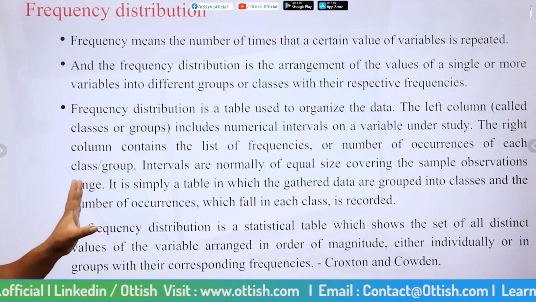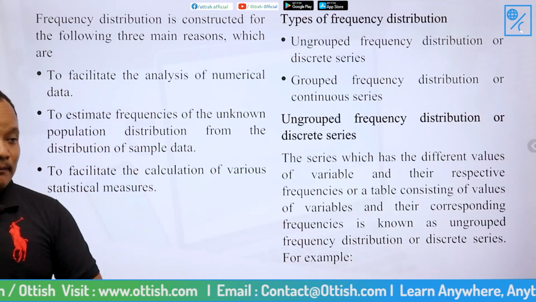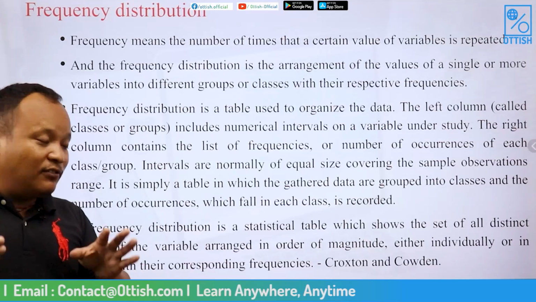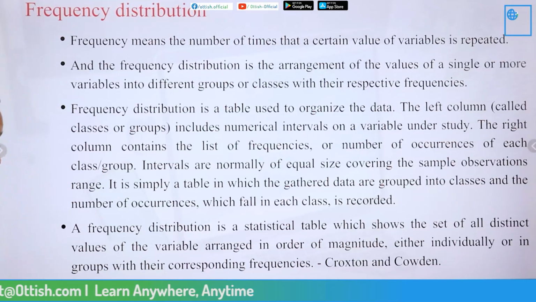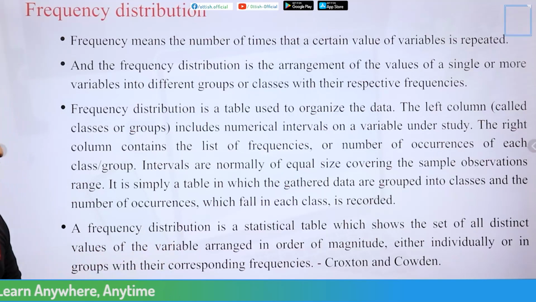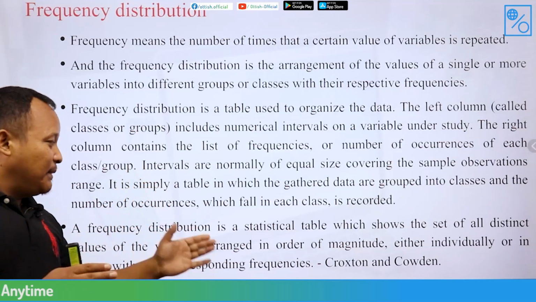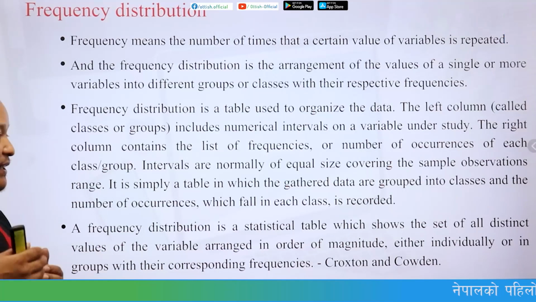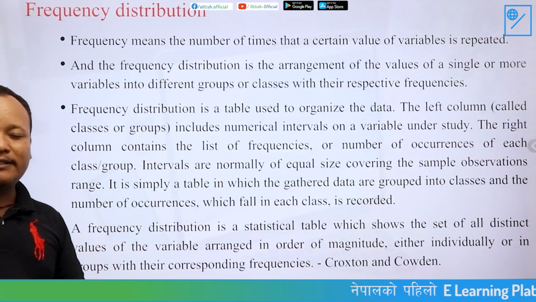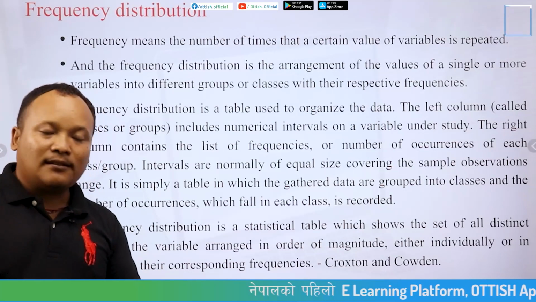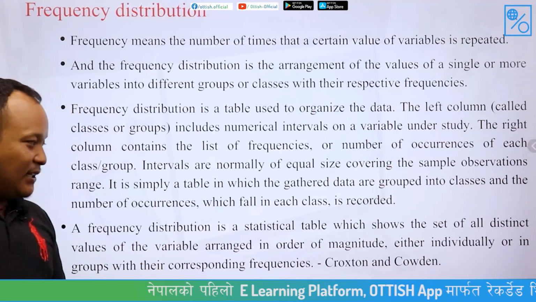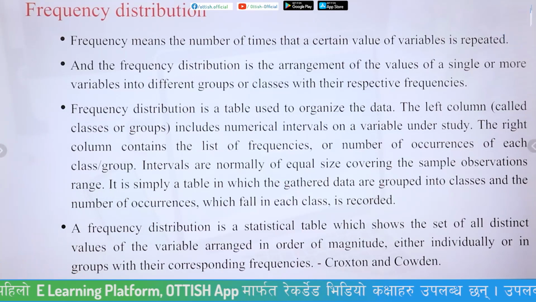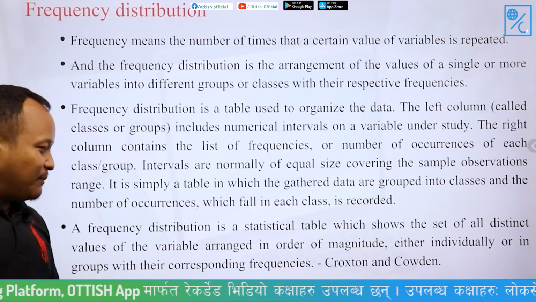Therefore, a frequency distribution is simply the arrangement of the values of a variable with their respective frequencies, that is, repetitions. A frequency distribution is a statistical table, a statistical presentation which shows the different distinct values of a variable arranged in order of magnitude, either individually or in groups, based on their characteristics with the corresponding frequencies.